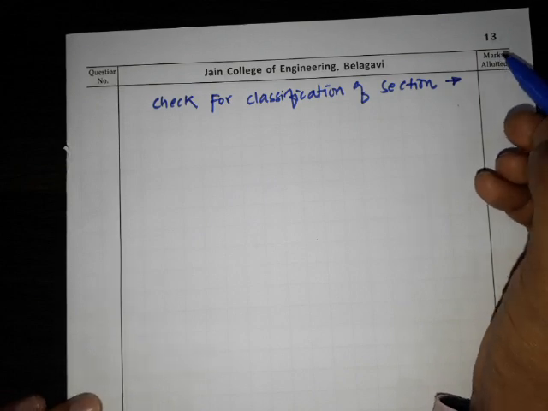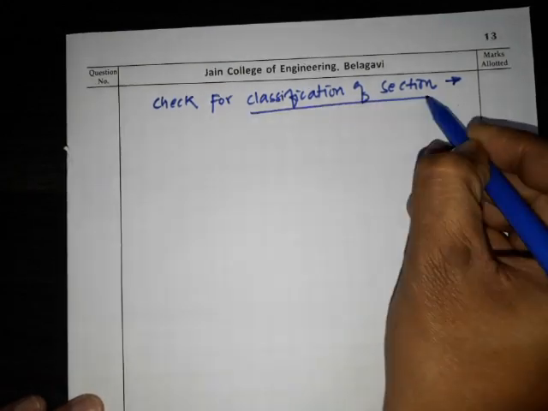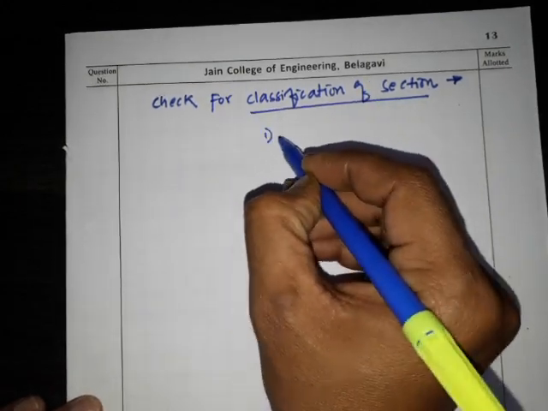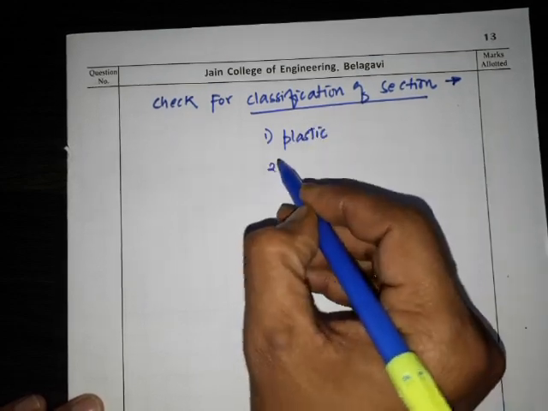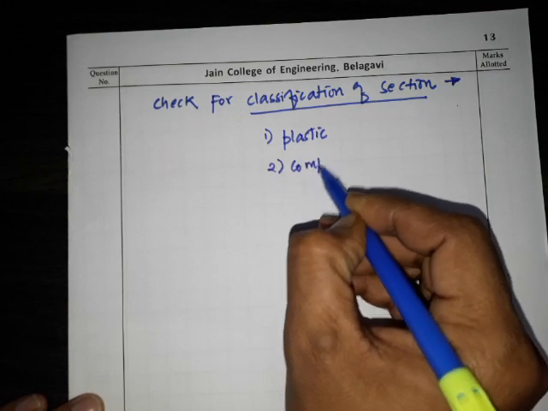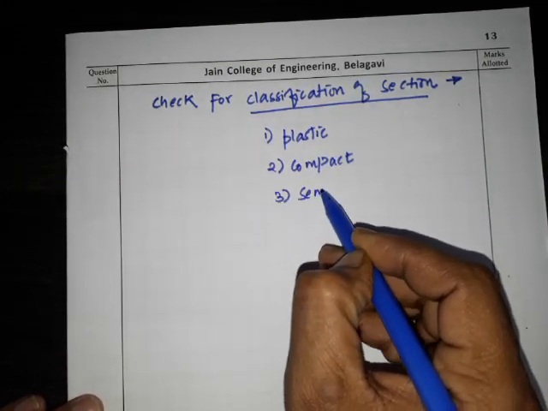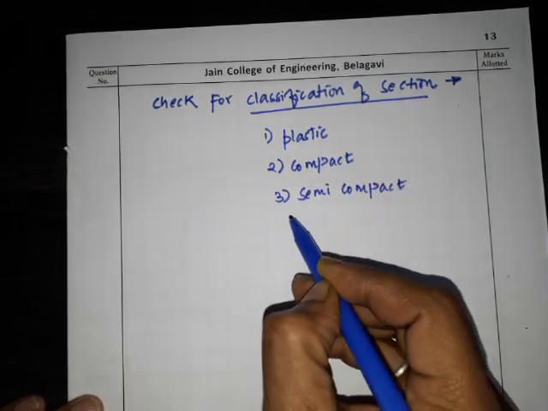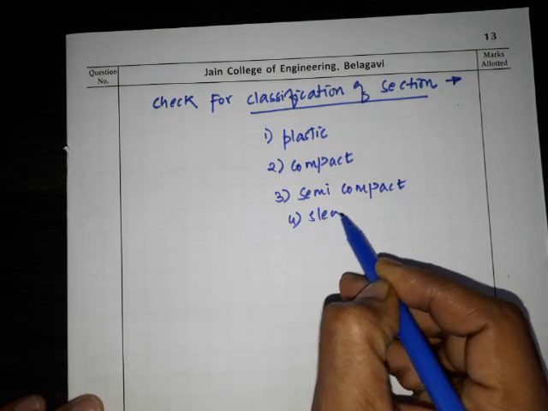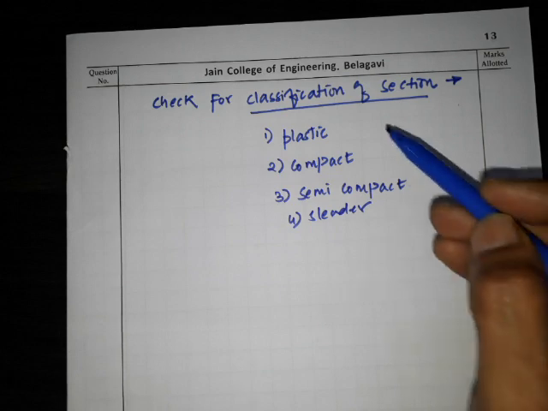As I told you, there are 4 classifications of sections. One is plastic, second is compact, third will be semi-compact, and fourth will be slender. So these are the 4 classifications of sections.